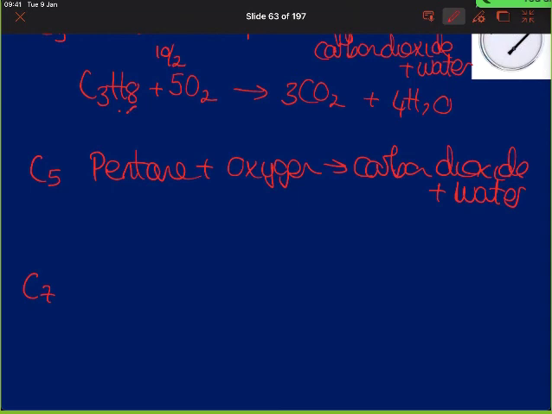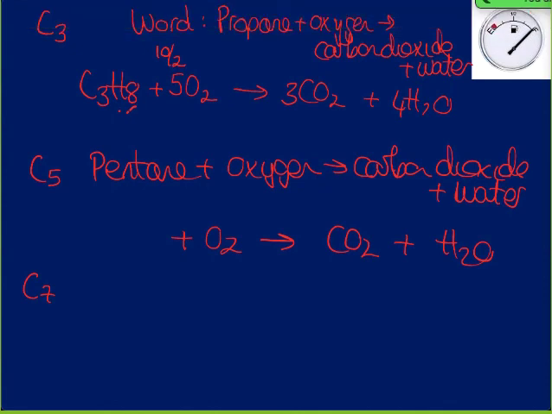So formula for pentane. C5H12. Thank you so much.